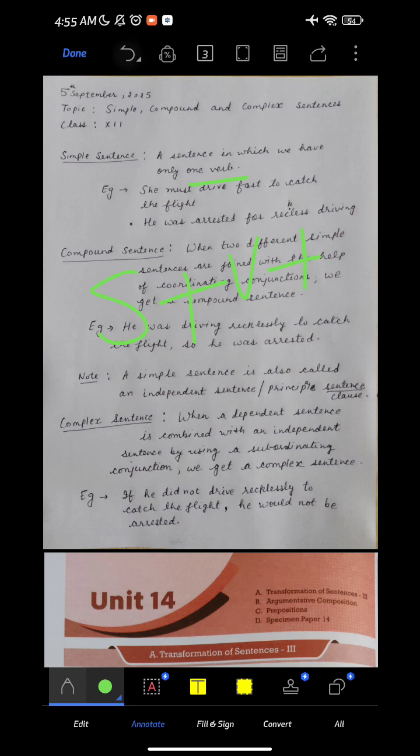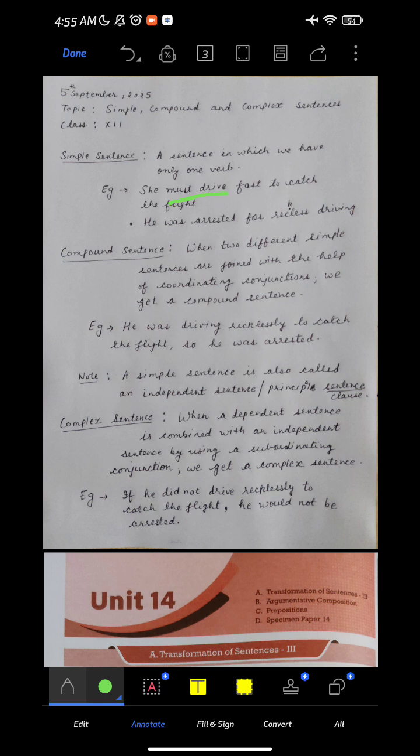The first example is: she must drive fast to catch the flight. We have the verb must drive, which is the only verb in this sentence.